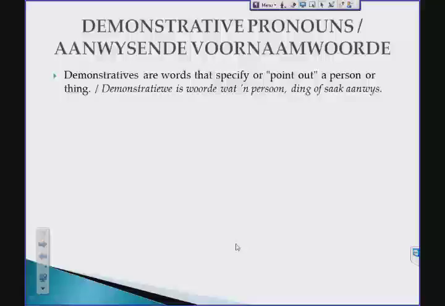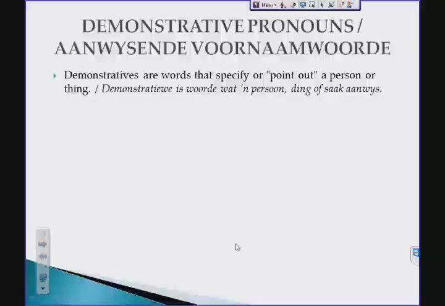Now, demonstratives are words that specify or point out a person or a thing. A demonstrative is, or are, words that specify or point out a person or a thing.